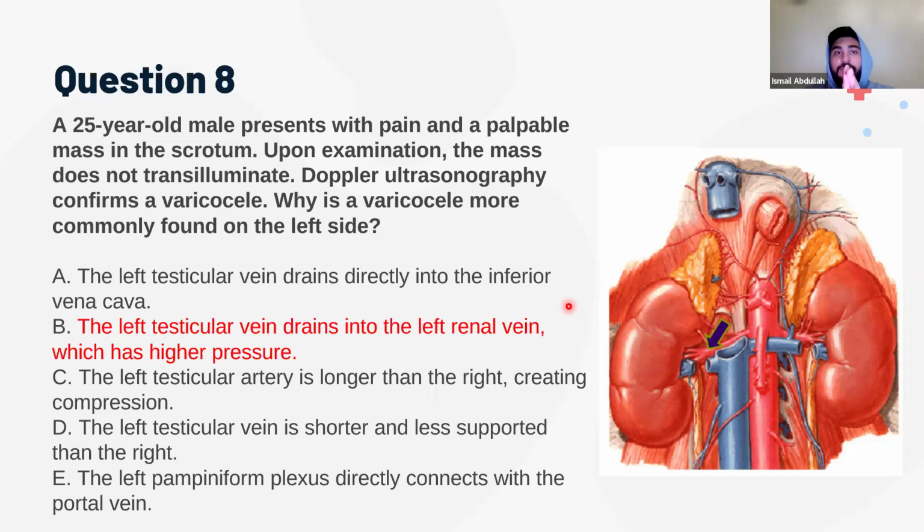So if, let's say, there was an aneurysm or a tumor at the hilum, for example, right here, there will be compression. Due to this compression, there will be high pressure on the left renal vein that would lead to backflow of blood, causing a varicocele in the left side of the scrotum.